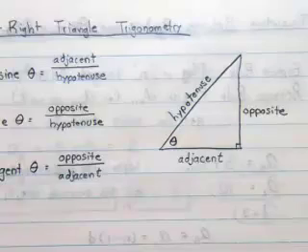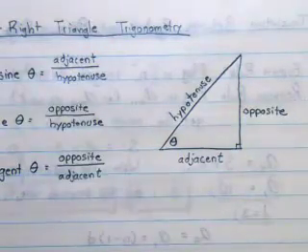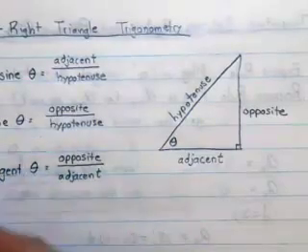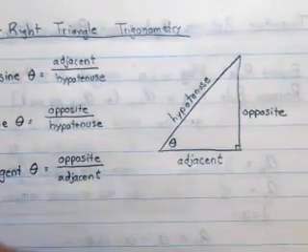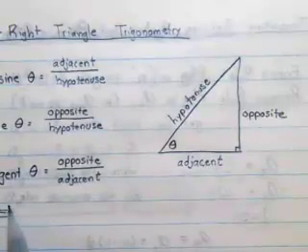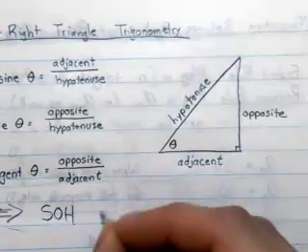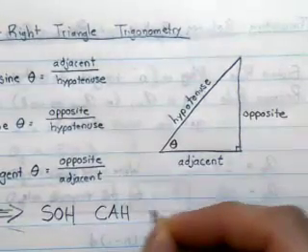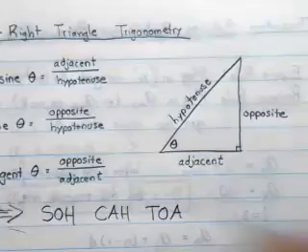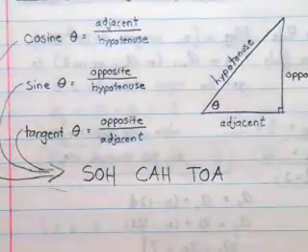Okay. And probably, not all teachers do this, but probably you learned a way to remember these that sounds like something Native American. SOHCAHTOA is just a quick way to remember which one goes with what, okay?